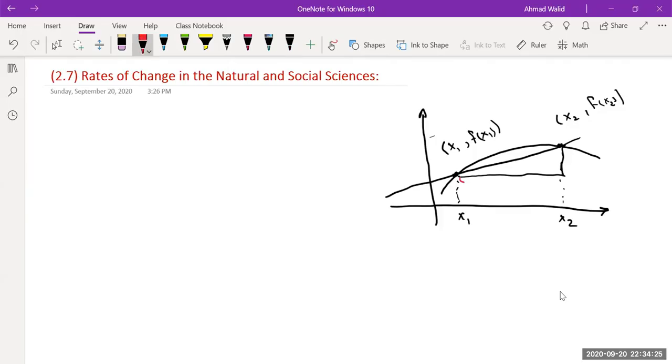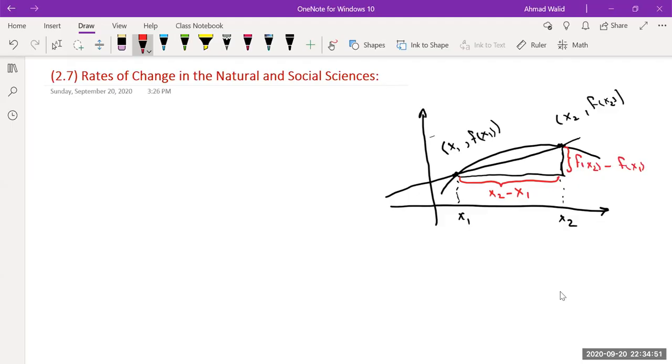Now, if I draw my rectangle here, the distance from x1 to x2, you learned it in algebra, which we name x2 minus what? x1, the difference of the distance, correct? And here, on this side, you have f of x2 minus f of x1, or y2 minus y1, correct?